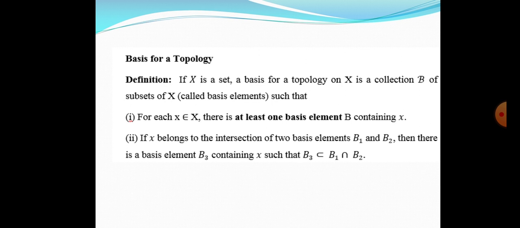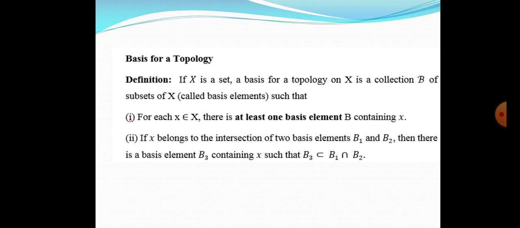The second condition is if x belongs to the intersection of two basis elements. Intersection of two basis elements means the first element is B1, the second element is B2, so the intersection of the two elements is B1 intersection B2.